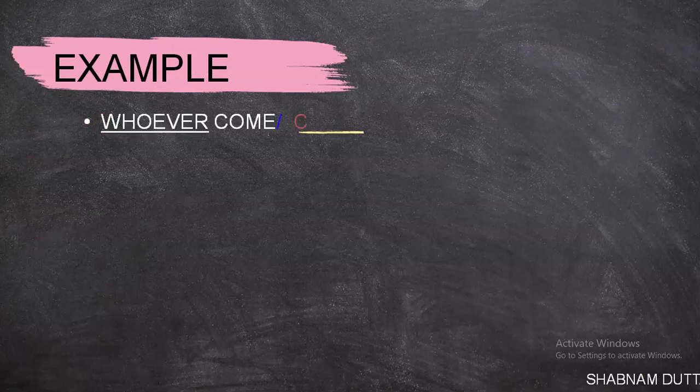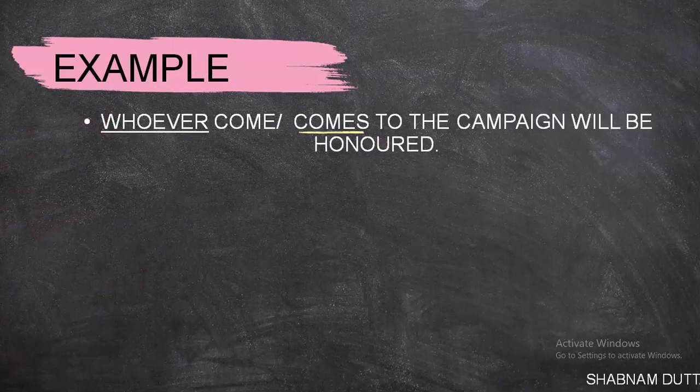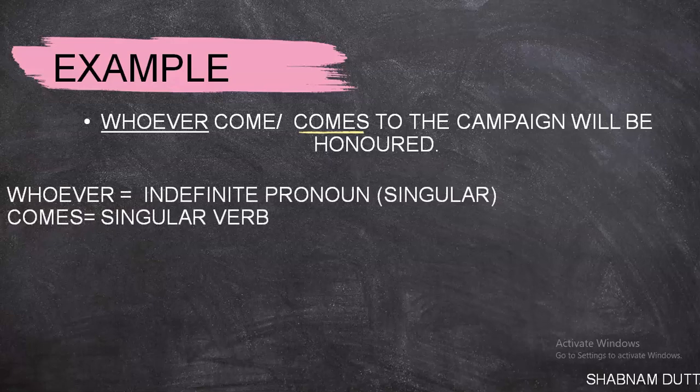Clear? Now let's see how to use an indefinite pronoun in a sentence. First, tell me which choice of verb is correct here. "Whoever come or comes to the campaign will be honored." See, here "whoever" is the indefinite pronoun, which is singular, and the verb plus s, that is come plus s, "comes", is the singular verb.